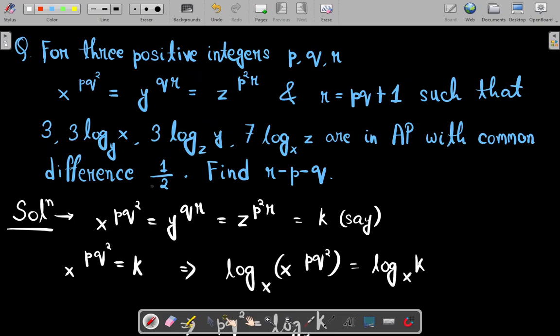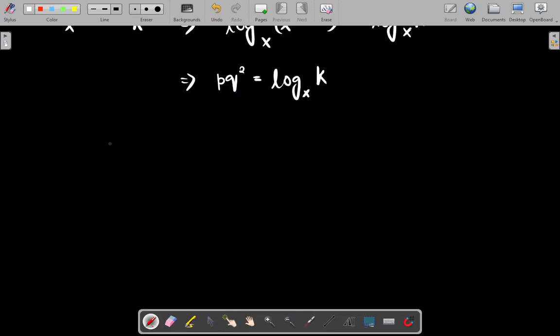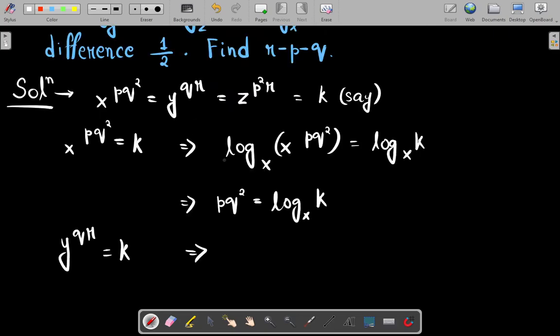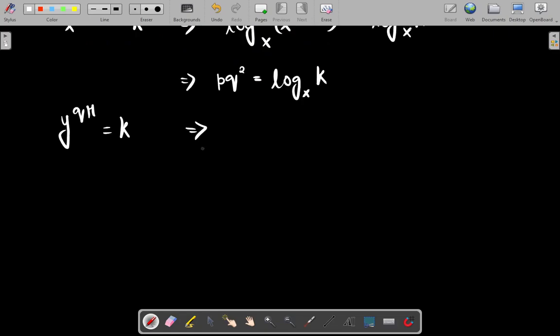Okay. Similarly, we can take the second term, y raised to the power qr equal to k, right? If we apply the log here to the base y, we get qr is equal to log of k to the base y.